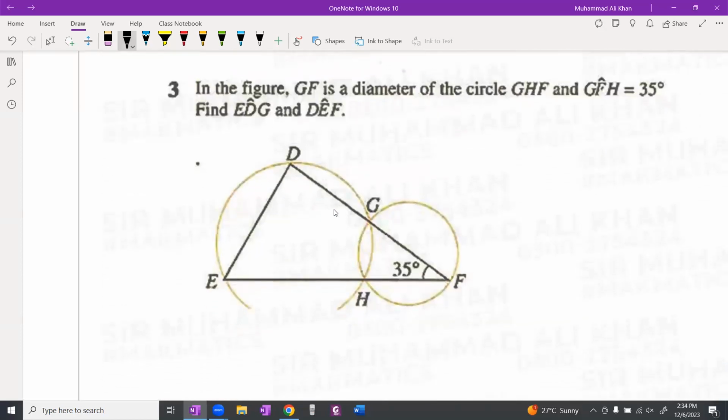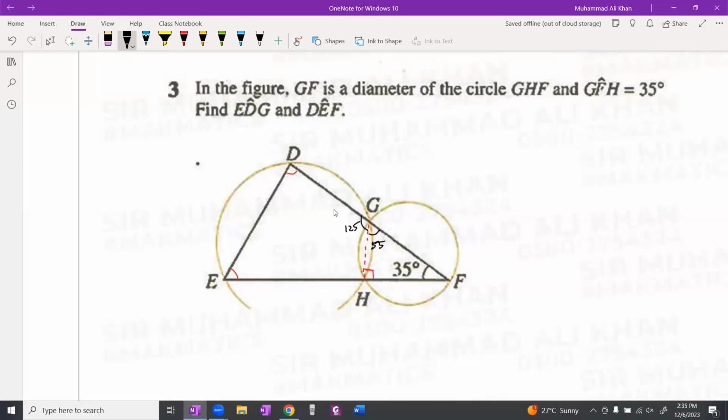Question number 3. We have to calculate angle EDG, this angle, and angle DEF, this angle. हमें ये दो angles calculate करना है. करते हैं जनाब कैलकुलेट किस तरीके से हो सकते हैं। GF is the diameter. अगर मैं एक लाइन को एक्सटेंड करवाऊं यहां से, और आपको बताया GF is the diameter, then this is 90 degrees. If this one is 90 degrees, so the angle, this angle is of 55, and 180 minus 55, this angle is of 125.